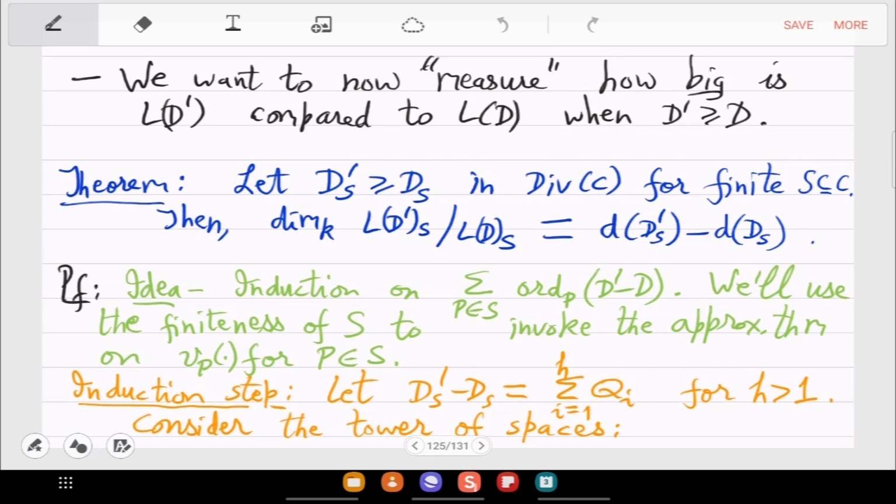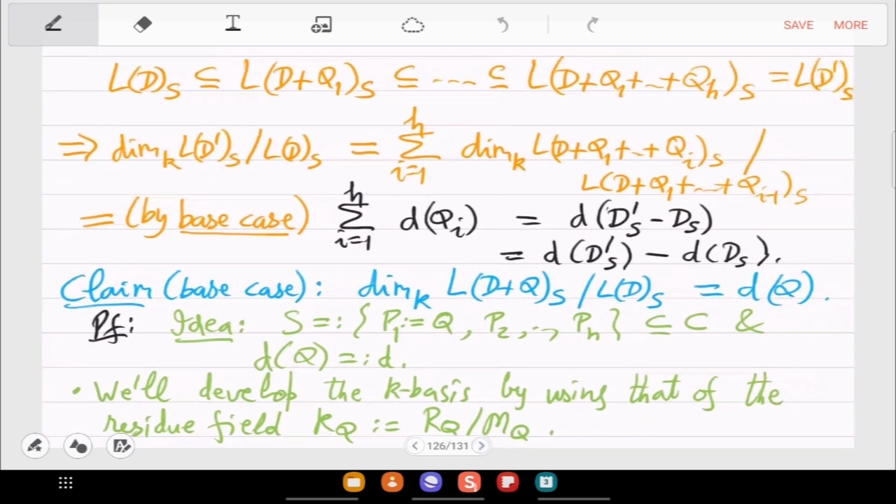And then if you look at this tower, how D is growing to D prime one point at a time, this is a chain of subspaces. So you can actually count the dimension step by step. The dimension of LD prime over LD is the sum of the dimensions of the middle quotients.